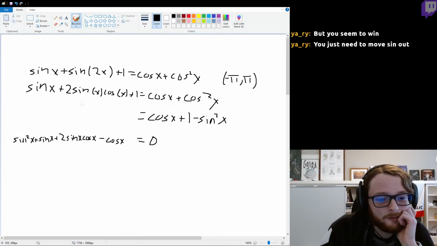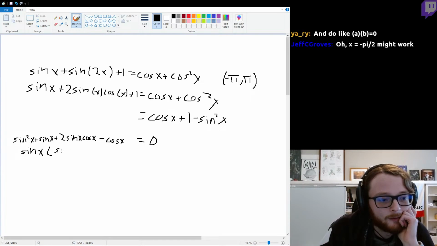Need to move sine out? I don't see what you're saying, Yuri. Like factoring sine out of the step that I have here? Well, it's the cosine on the end that messes everything up. This cosine over here gets left out of that factoring.